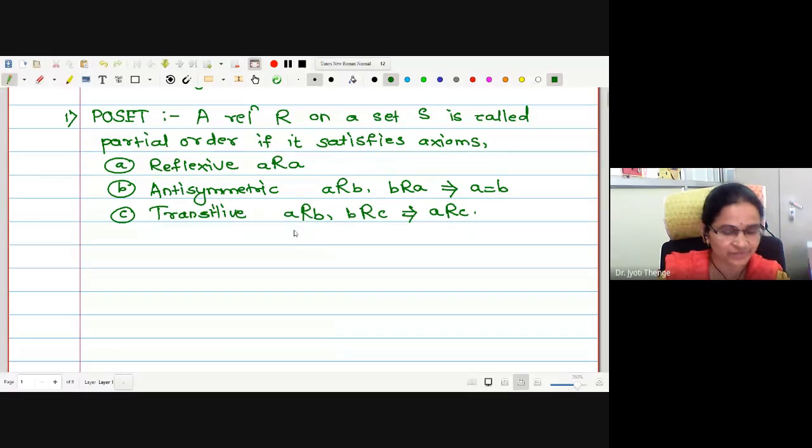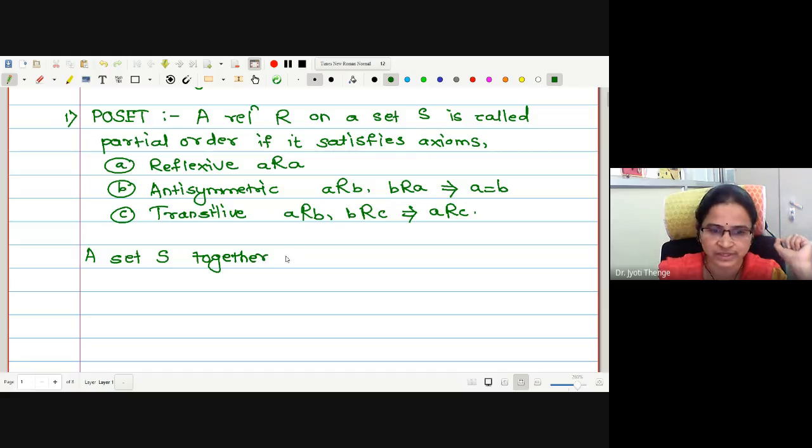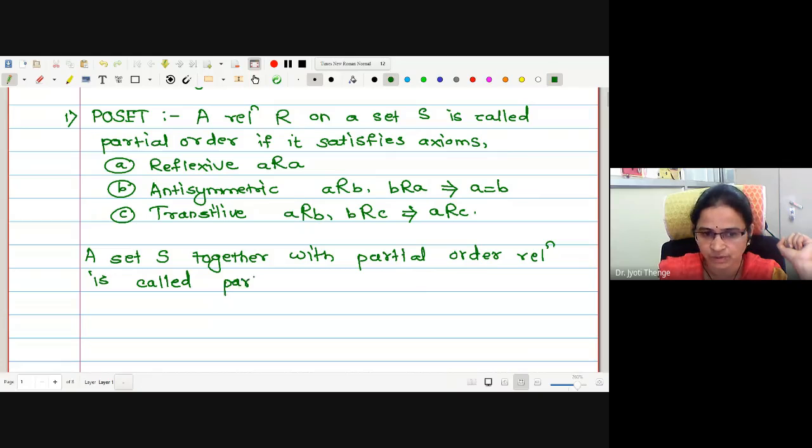We have already seen many examples in mathematics which have a partial order relation. A set S together with this partial order relation is called a partially ordered set, and in short we write it as POSET.